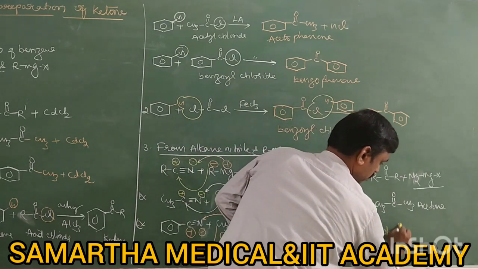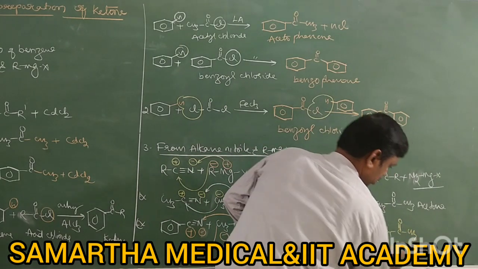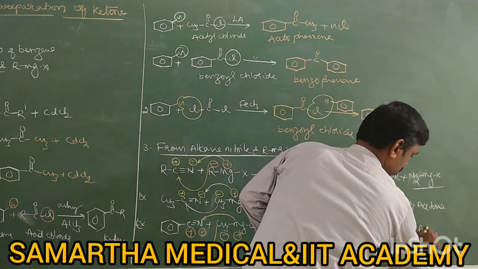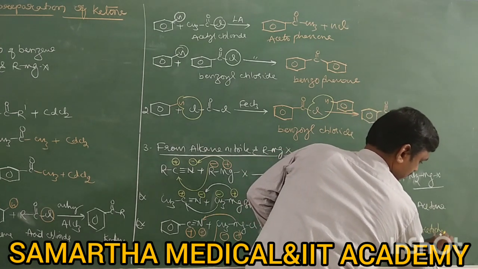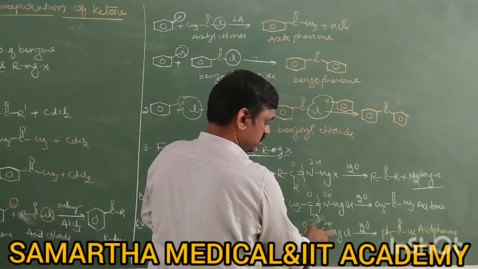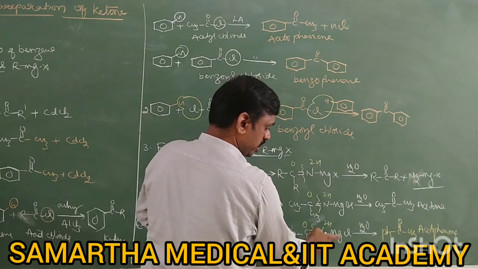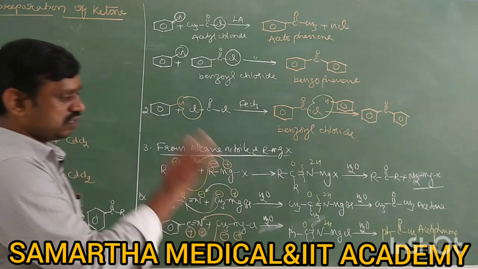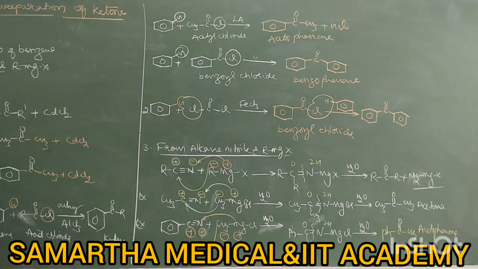This is called acetophenone. Plus the byproduct, which is NH2 MgCl. So these are the methods of preparation of ketones.